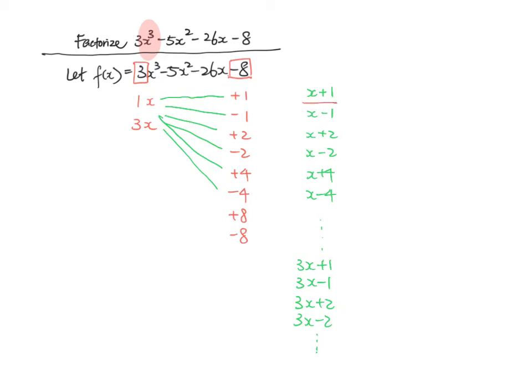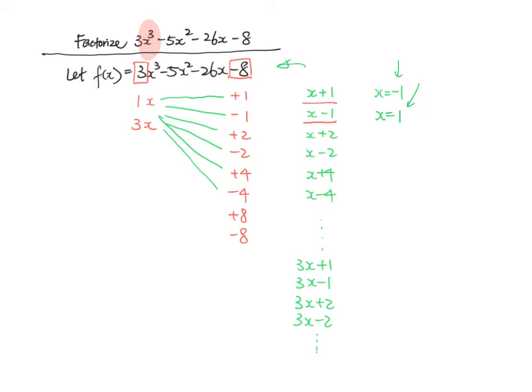Okay, so let's look at the first one here. If x plus 1 is the correct factor, we will have to use x equals negative 1, right? And likewise, if x minus 1 is a correct factor, then we will use x equals positive 1, etc. Then we put all these numbers into f of x and see which one gives a 0.